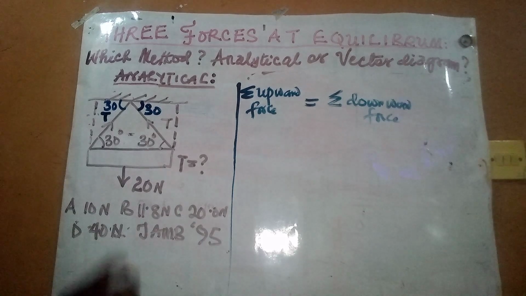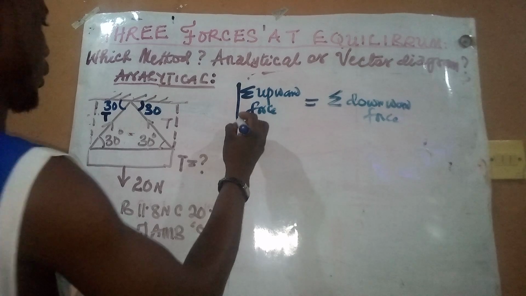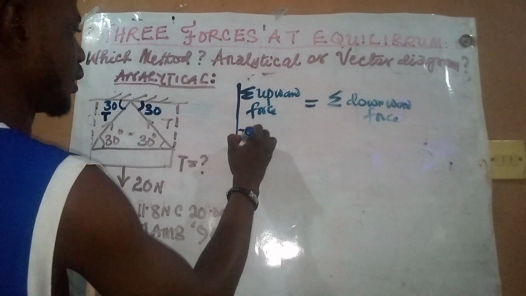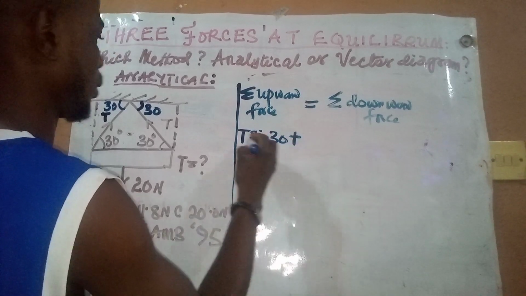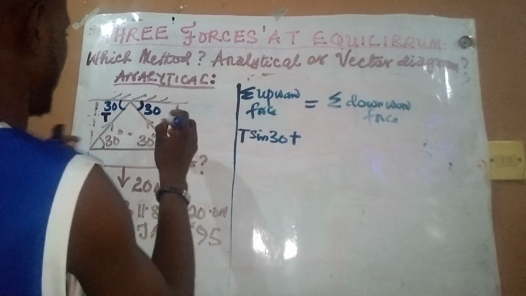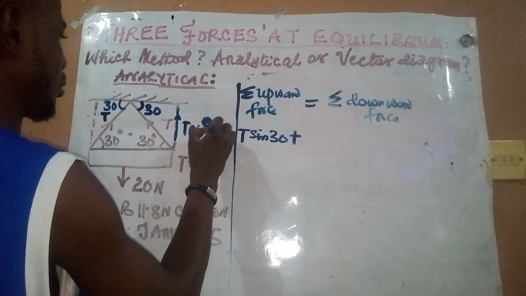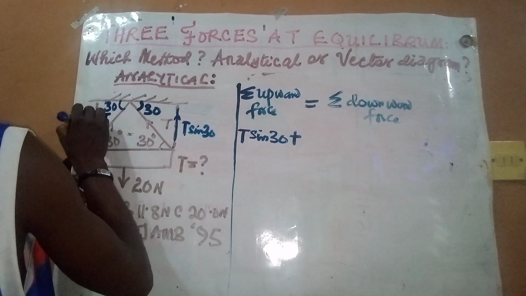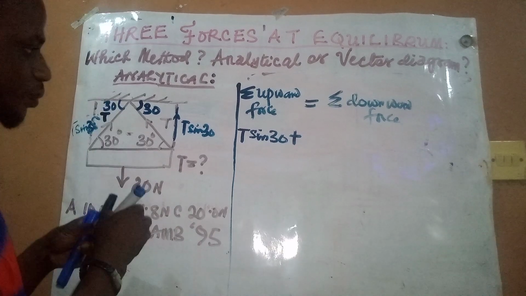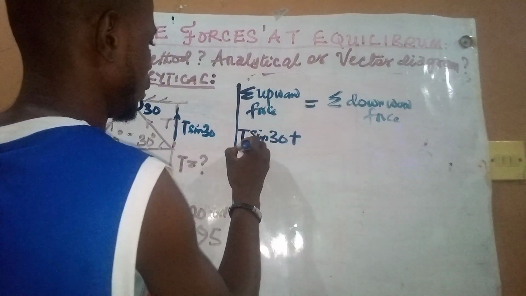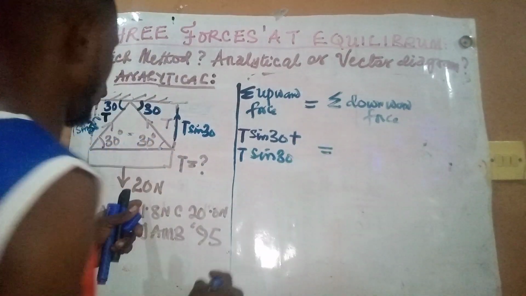Alternate angles are equal if this is parallel to the top. So the first force here is T sine 30 plus the second one, T sine 30, equals downward force 20.